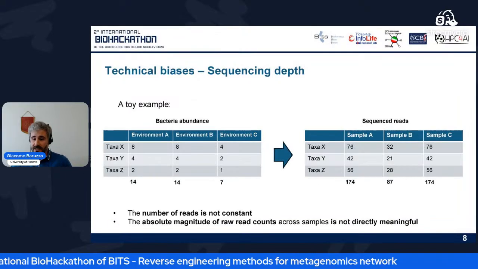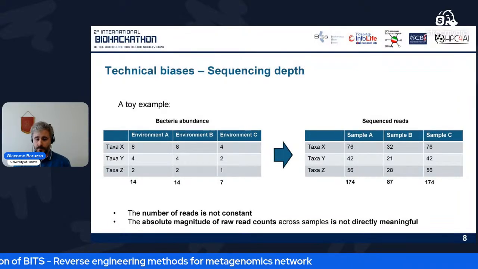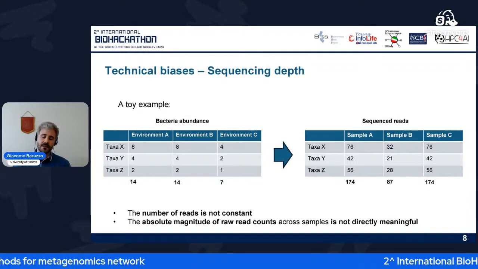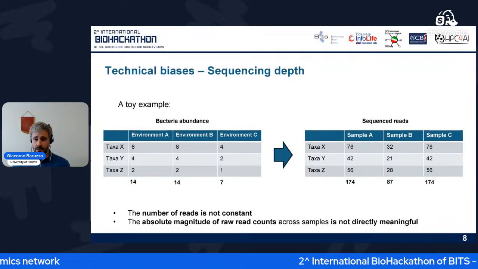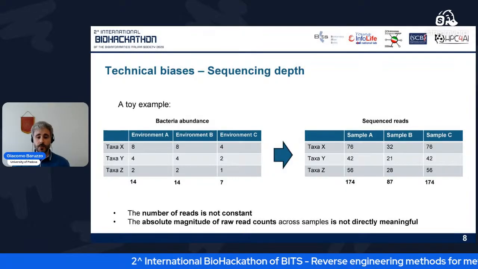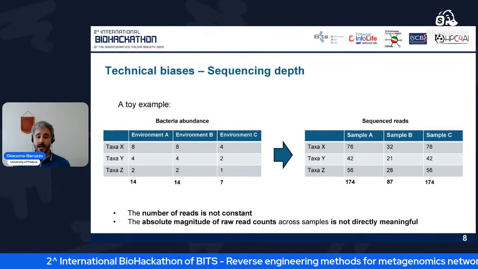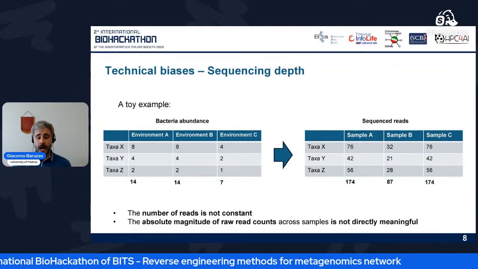So just to give you an idea, this is a small toy example of obviously a very extreme case, but again, the purpose in this example is to let you understand the concept. Let's say that we have 3 environments, A, B, and C, with just 3 species, 3 taxa, X, Y, and Z, with these absolute abundances.